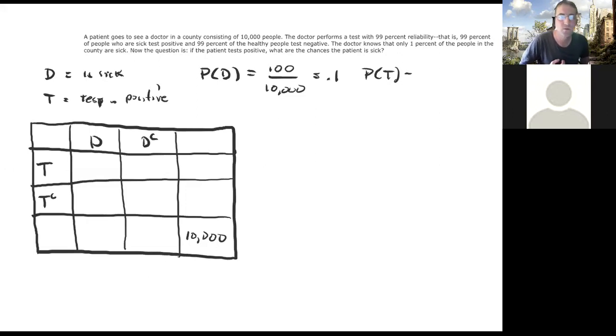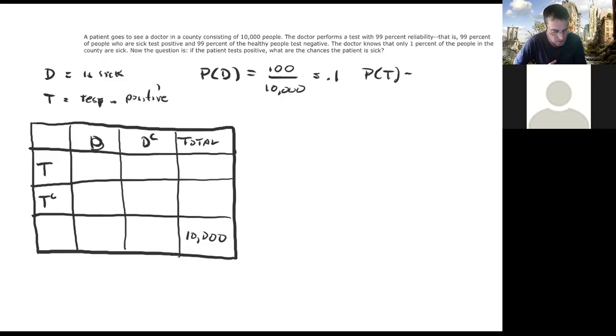Okay, so what do we know? I've just drawn a table, and I'm going to input the information into it. So the table has on one side the T and the T complement, in the rows, and then you have D and D complement in the columns, and then you have totals. Okay, so now what do we know from the 10,000 people in this county?